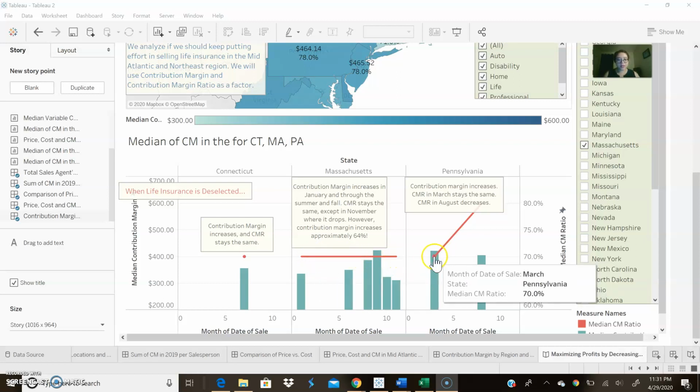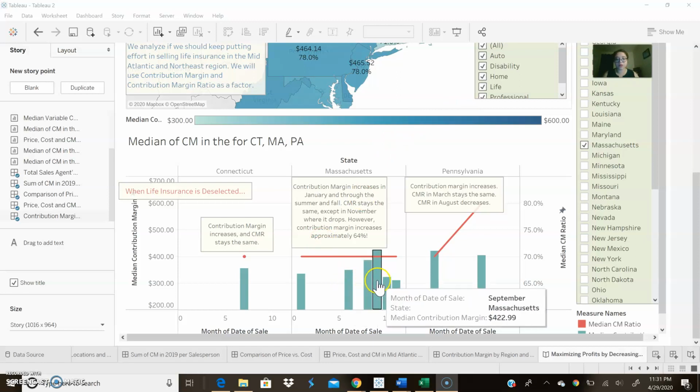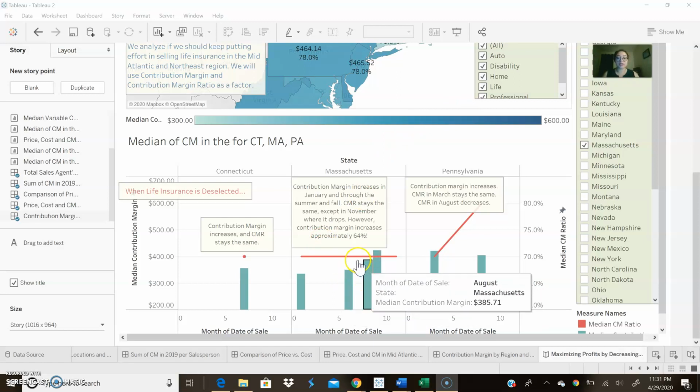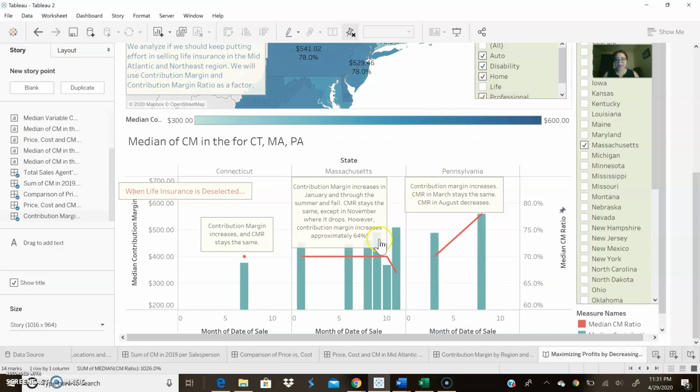And here, this is where it shows us that big drop Pennsylvania had and the peak it had over here. So watch what happens when we deselect life insurance. Look what happens to our contribution margin and to our contribution margin ratio. So I'm going to deselect life insurance right here using my filter.